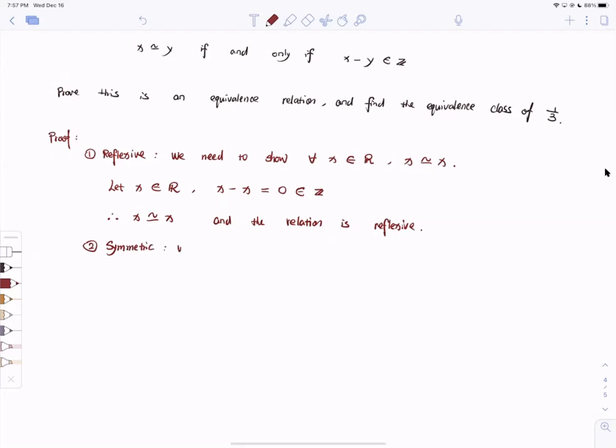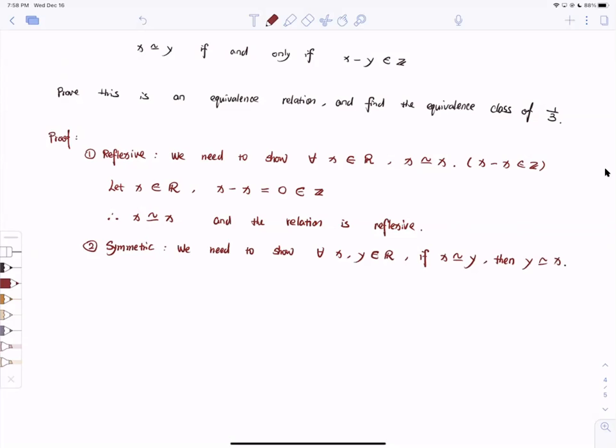So we need to show, let me write it here, x minus x is an integer. We need to show for all x, y in real numbers, if x has a relation with y, then y has a relation with x.